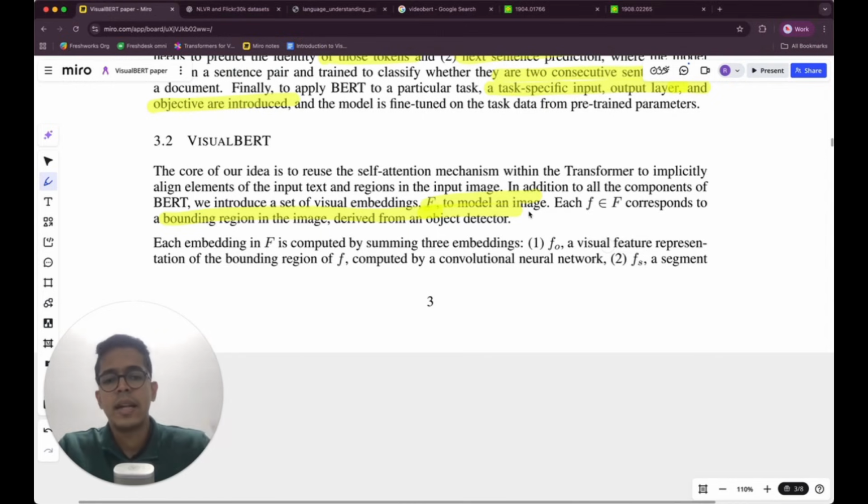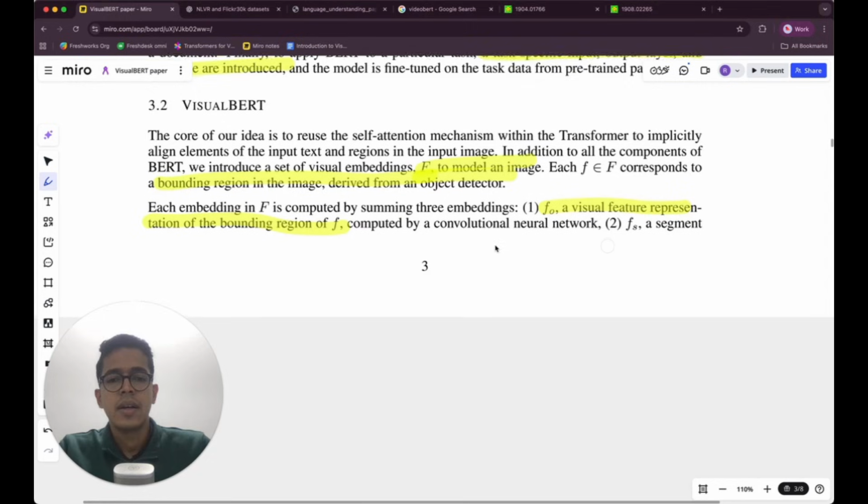The three embeddings are: one is the visual embedding, the vector of the object detector's output. Second is the segment embedding. Third is the position embedding. So Fo is a visual feature representation of the bounding region f, computed by a CNN.